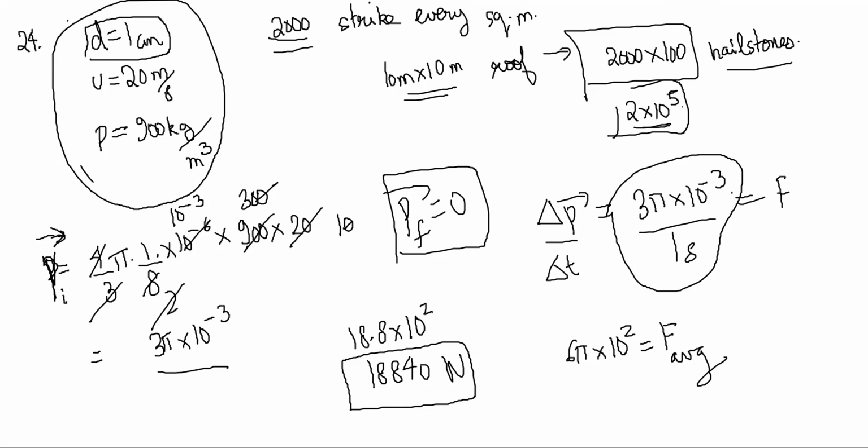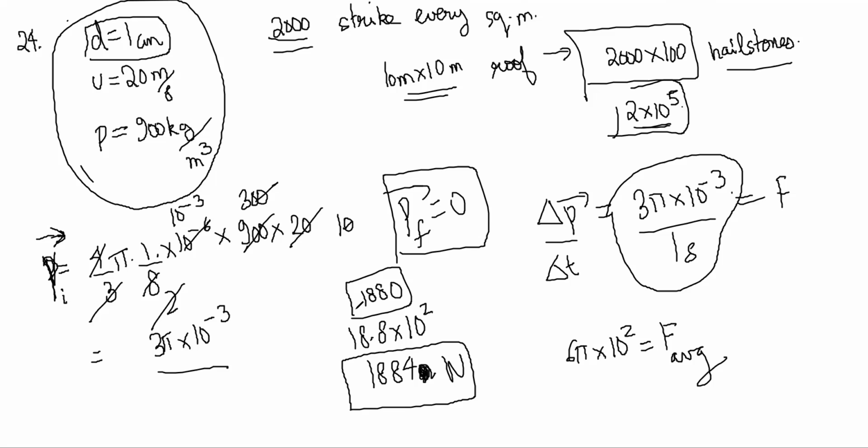When they said average force, I thought that they meant pressure. Okay, I have made a mistake. Why will they mean pressure? Force is different. Pressure is force per unit area.